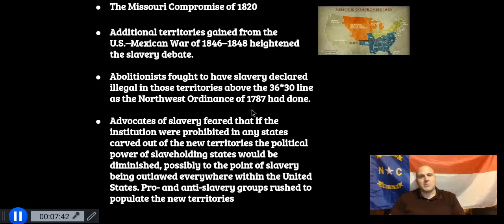Below that 36-30 line, you can be open to slavery. So again, Missouri Compromise based on slavery and representation in Congress. That's another thing that we've talked about in this class a lot, representation in Congress being a very big compromise getter in history. All right, the next thing we're going to cover here, of course, John Brown, Bleeding Kansas.